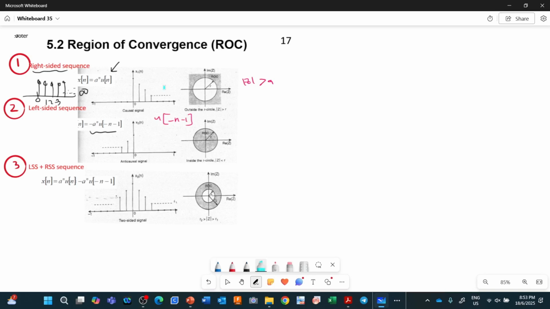The right-sided sequence is given by this equation, and the region of convergence is Z more than A. For the left-sided sequence, the region of convergence is Z less than A. And for the third one, the region of convergence is Z more than A and less than B. So let's look at the first one, the right-sided sequence.